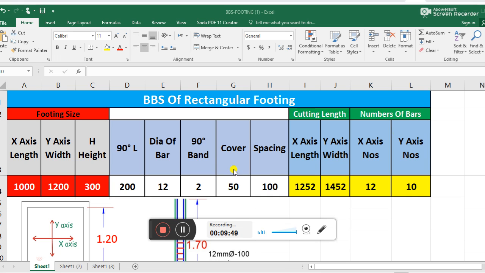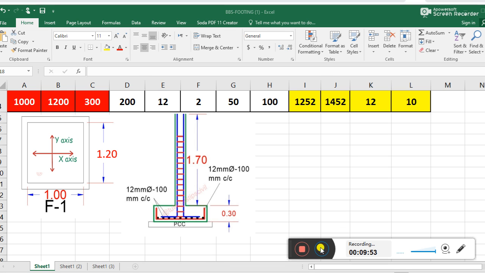Guys, you can see this. This is a rectangular footing. The rectangular footing size is 1 meter 20 centimeter, and this side is 1 meter, and this is the x direction, this is the y direction.